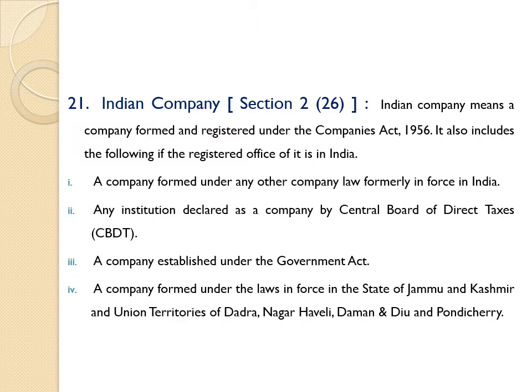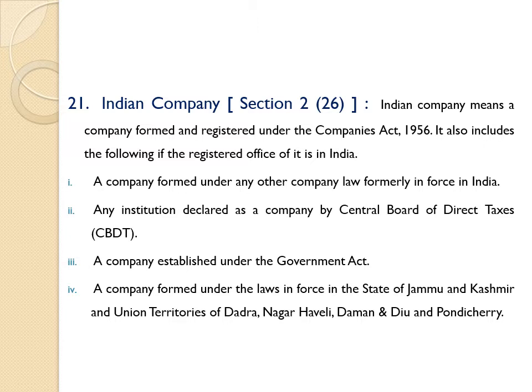A company formed under any other company law formerly in force in India. An Indian company means any company which came into existence as per the former laws in India. Any institution declared as a company by the CBDT. CBDT means Central Board of Direct Taxes.